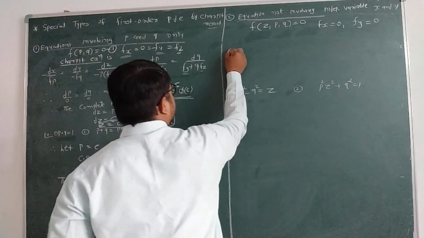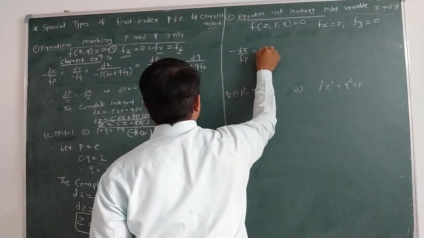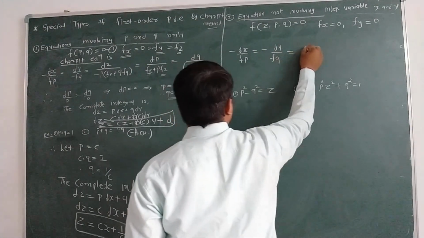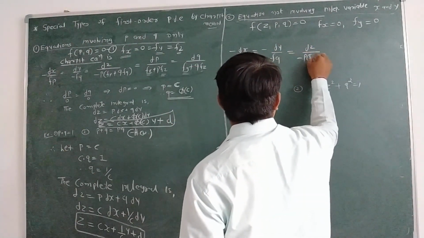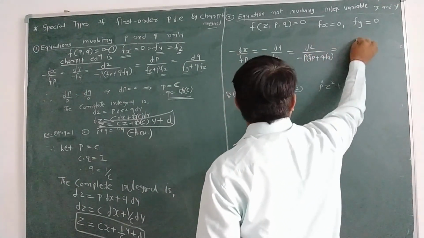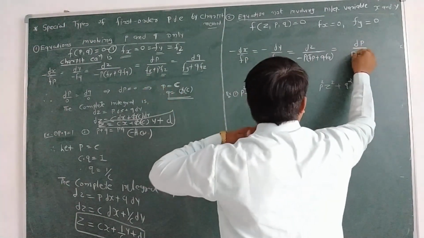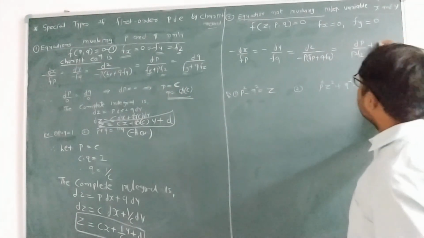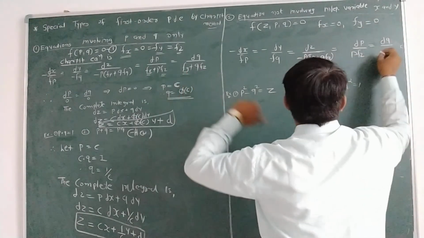So the Charpit equation is dx/(-fp) = dy/(-fq) = dz/(-p fp - q fq) = dp/(fx + p fz) = dq/(fy + q fz). Here fx is 0 and fy is 0, so we get p fz and q fz.